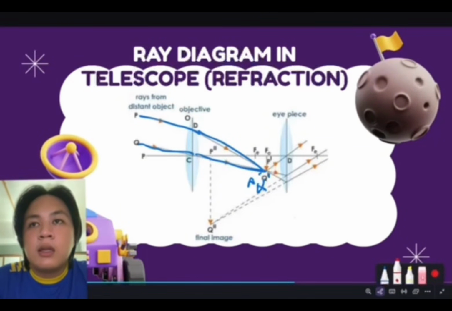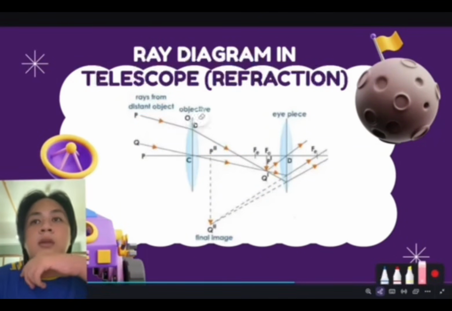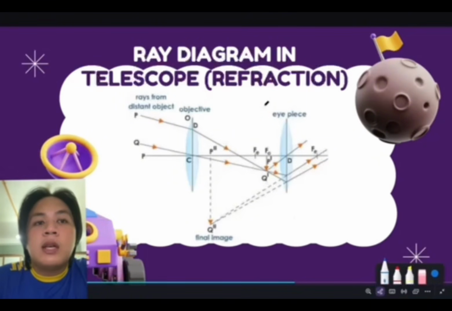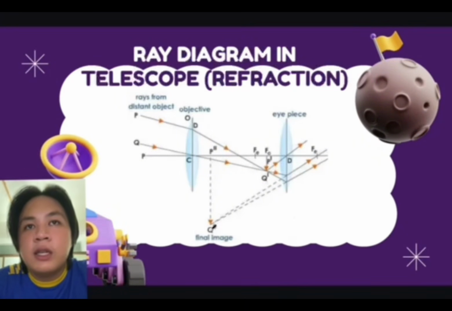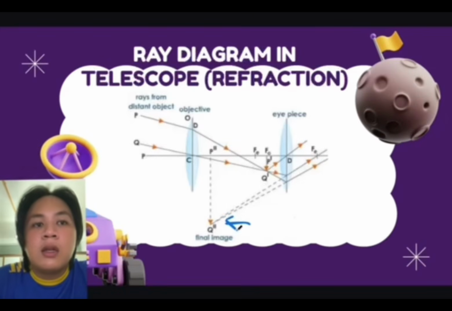Next, the eyepiece lens, which has a much shorter focal length, will act as a magnifier. It will take the real image formed by the objective just now and produce a final virtual image over here that appears larger and is at a comfortable viewing distance for the observer.